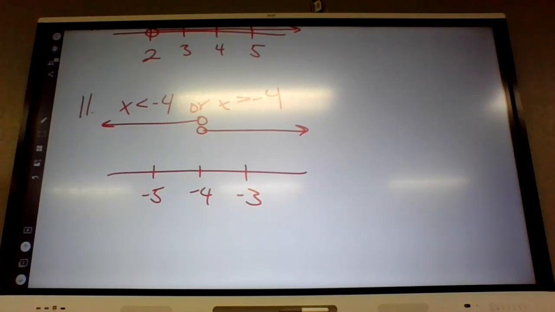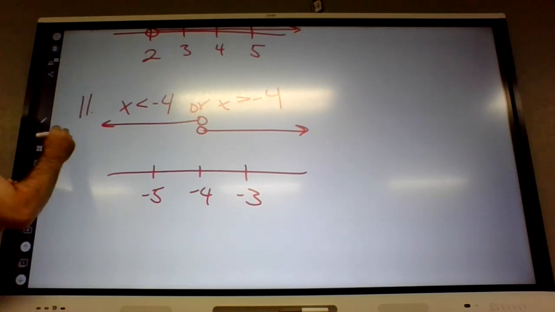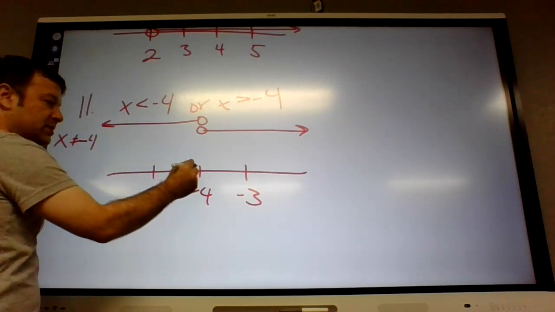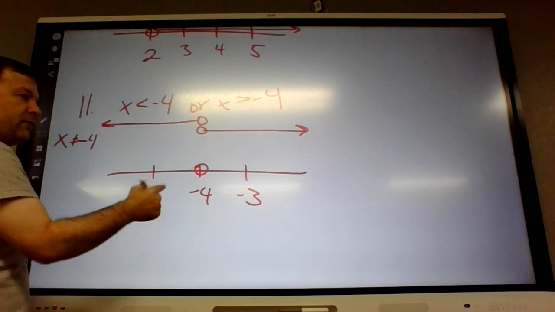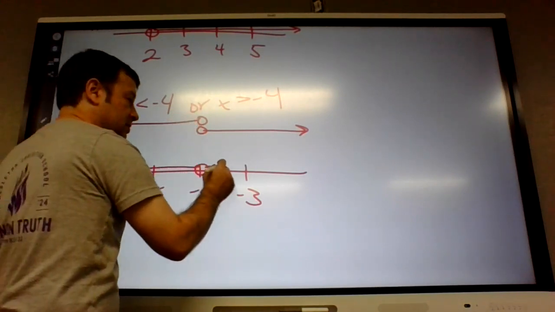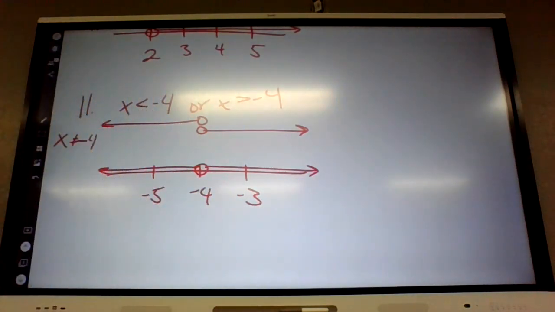Maybe it'd be easier to say this: what number is not included on this? -4. So the answer is basically everything but -4, like x doesn't equal -4. But the graph, which is actually the answer, is -4 is not included in either, but everything else is. The arrows just mean it keeps going forever. That's why we draw the arrows.